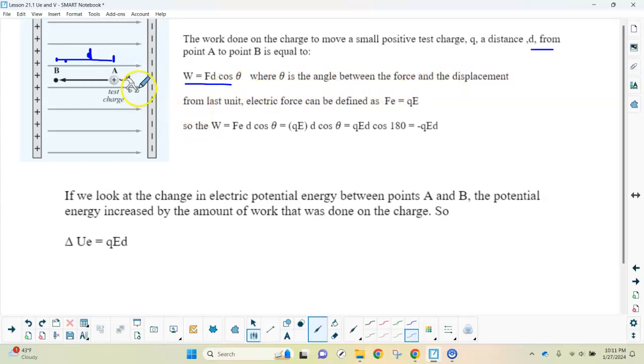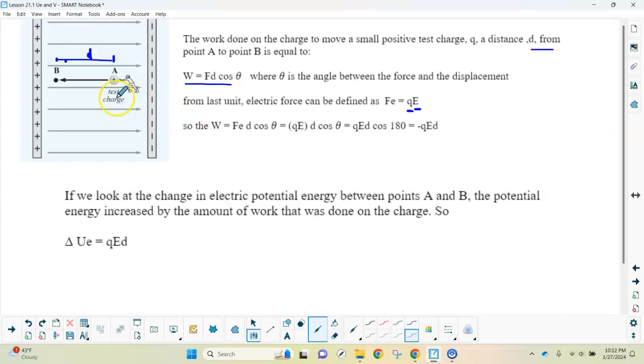The force that you have to apply is equal to QE. The electric force acting on a charge in an electric field is this equation: F_E equals Q times the electric field.